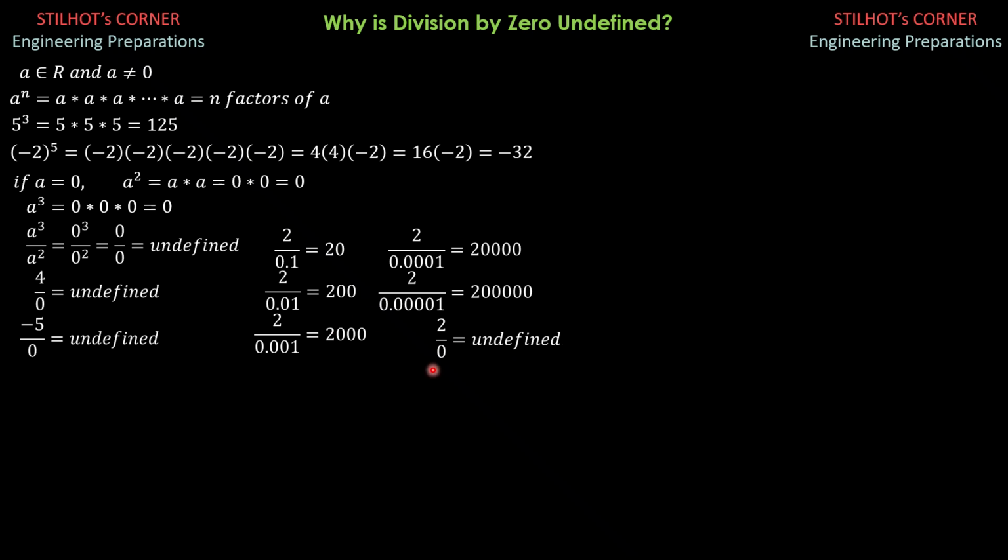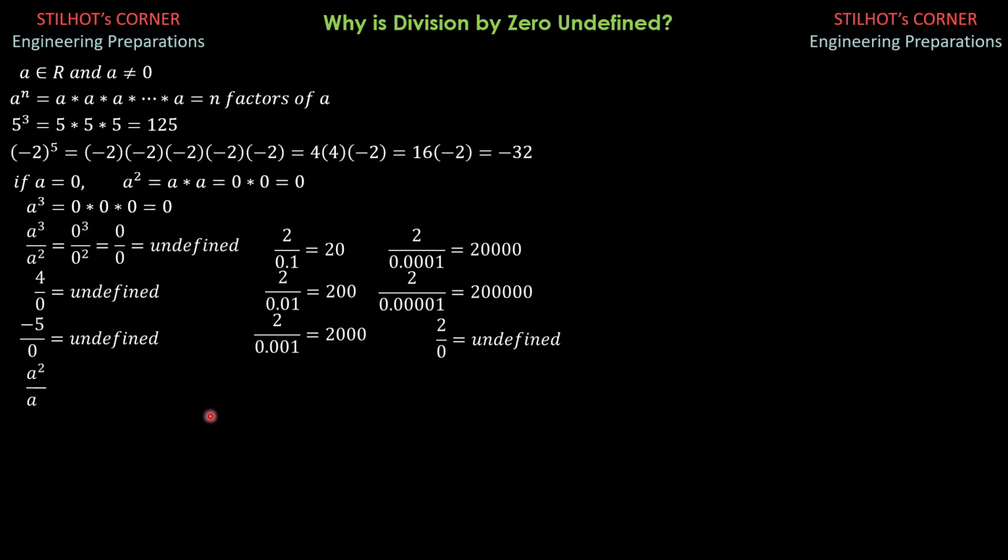In mathematics, 2 over 0 just to the right, very close to 0, is undefined, or positive infinity. 2 over 0 just to the left, on the other hand, is undefined, but in calculus, we represent it by negative infinity in particular.